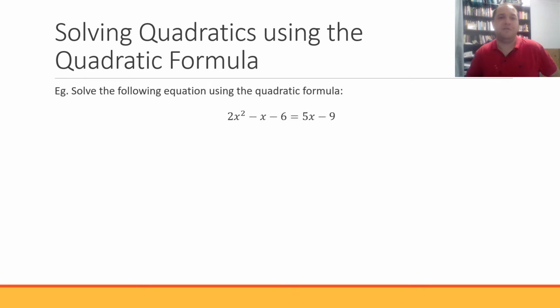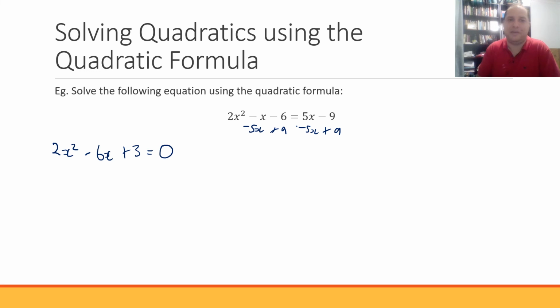We want to solve the following equation using the quadratic formula. Once again, when we're solving quadratics, it's good to make one side equal to 0. So we'll subtract 5x from both sides, and plus 9 to both sides. And so our equation will be 2x squared minus 6x plus 3 equaling 0.